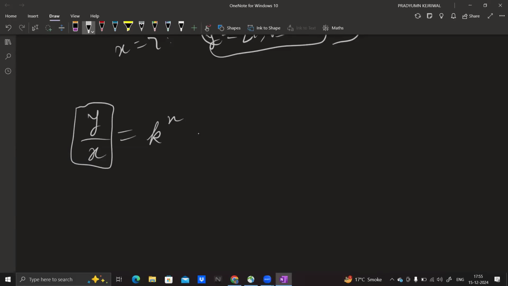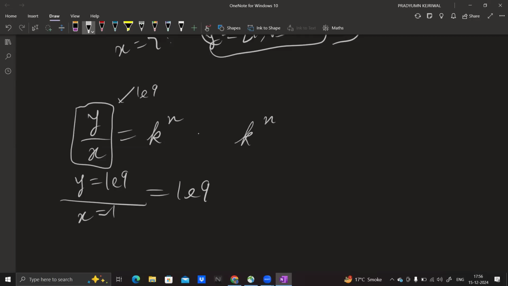I'm asking what is the maximum possible value of this? Max value of Y is 10^9 and min value of X is 1. So if we divide, we'll get 10^9. So in the worst case, this value can be 10^9. So K to the power N in the worst case can be 10^9. So in the worst case, N can be log 10^9 to the base K.